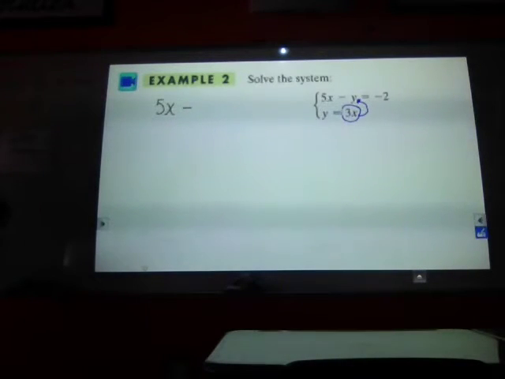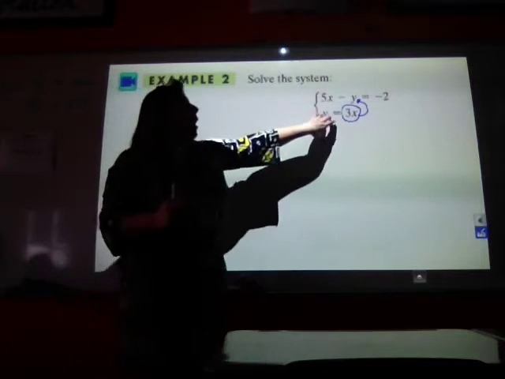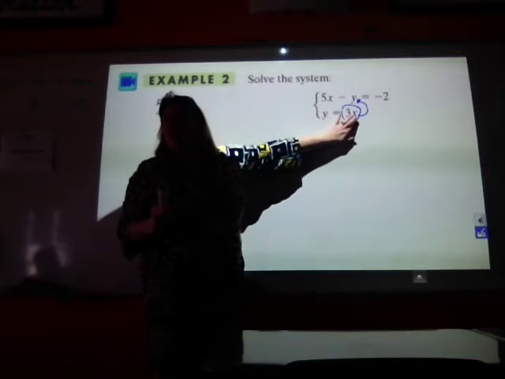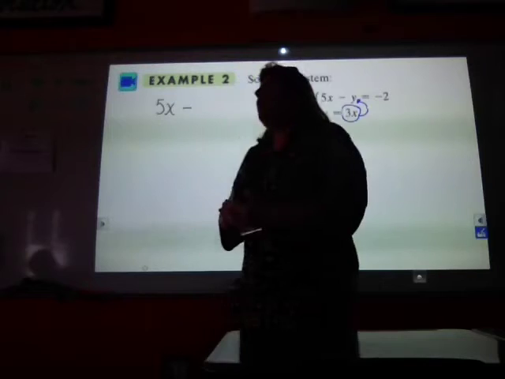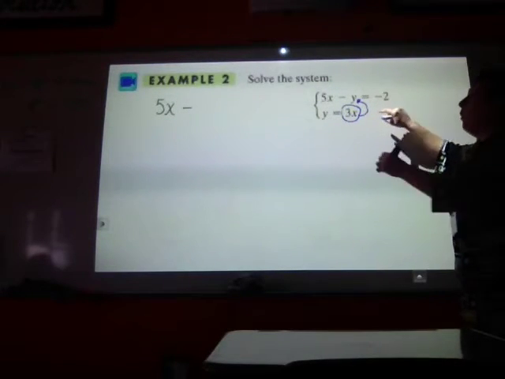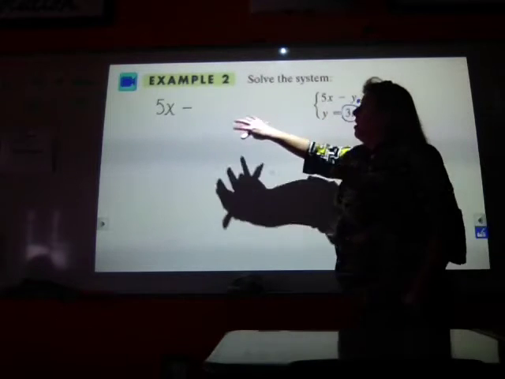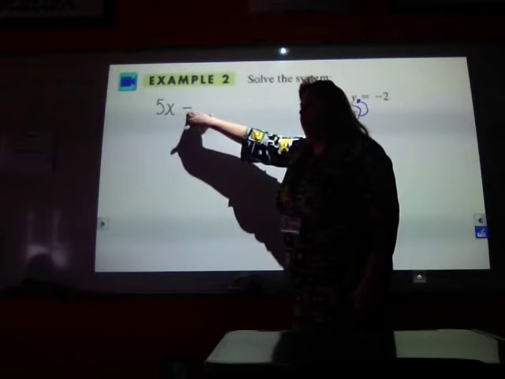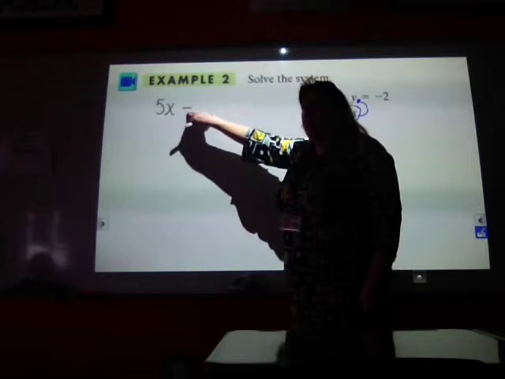Alright? Now, luckily for us, y equals only one term, right? But if y equaled 3x and then a constant, we'd have to make sure we put that in parentheses, and then we'd have to make sure we distributed that negative. Does that make sense?